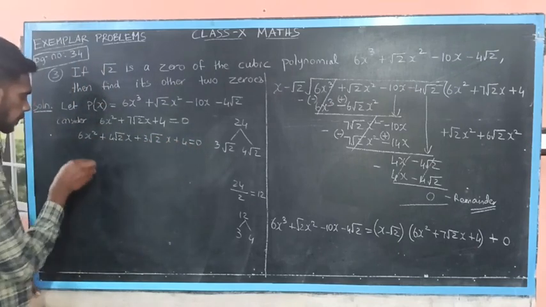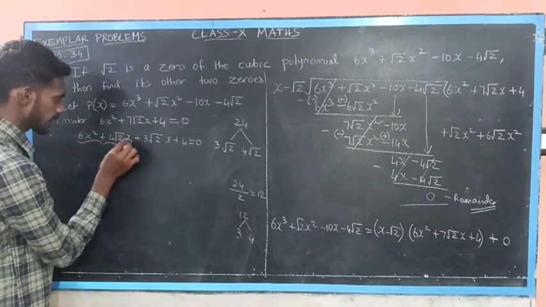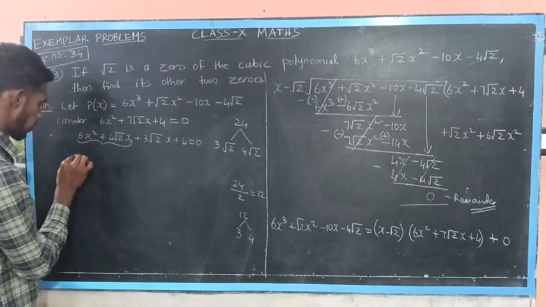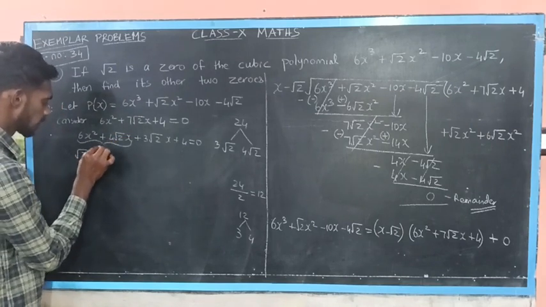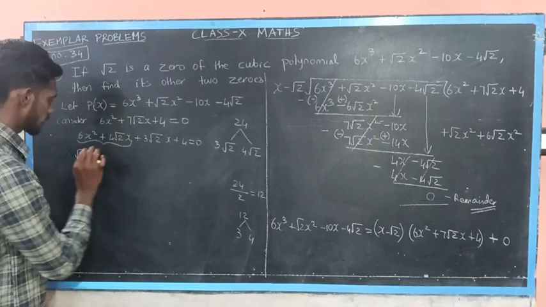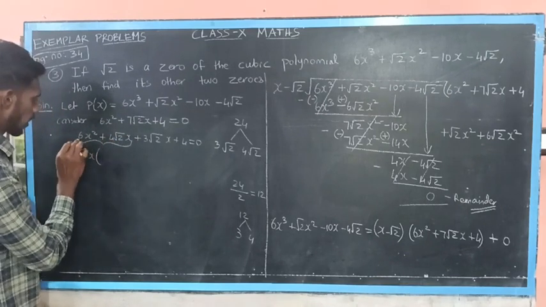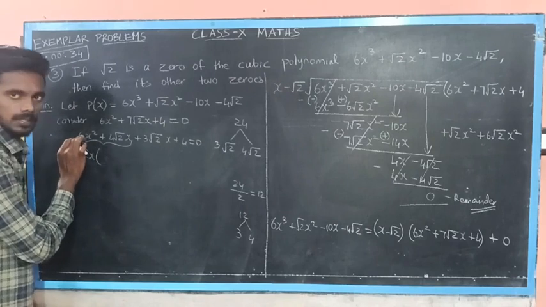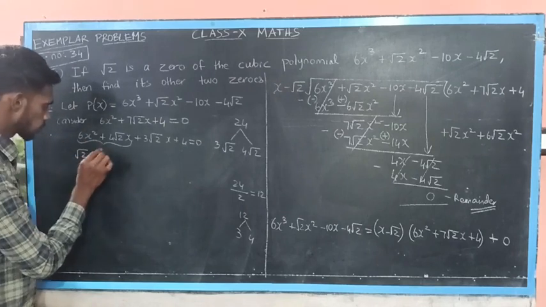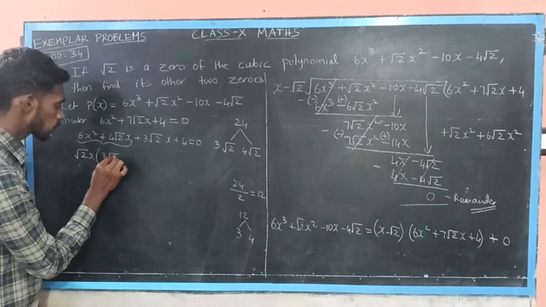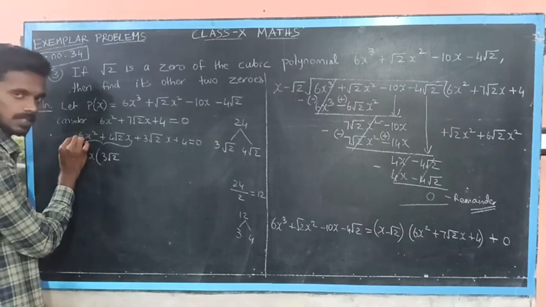Okay. Now let me take root 2 x as common from these two terms. Okay. So when we take out root 2 x from these two terms, the remaining term will be 3 into 2 is 6, already we have taken root 2. So 3 into root 2 into root 2 becomes 6. Okay.